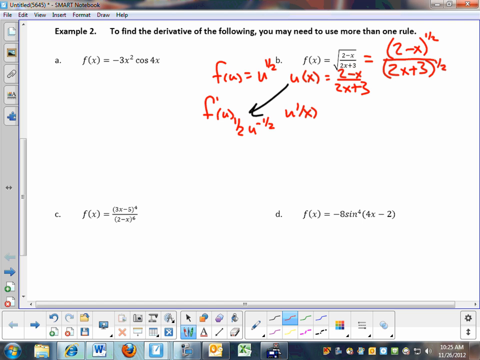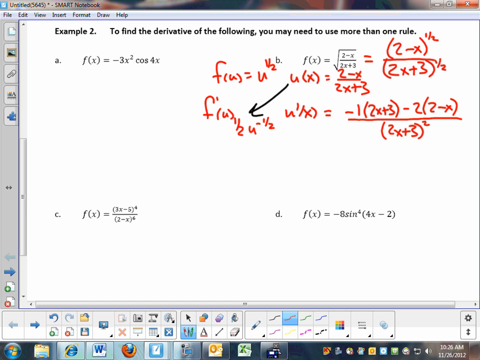quotient rule. The quotient rule says I take the derivative of the top, which is negative 1, times the bottom left alone, which is 2x plus 3, minus the derivative of the bottom, which is 2, times the top left alone, which is 2 minus x, all divided by the bottom squared, or 2x plus 3 squared.